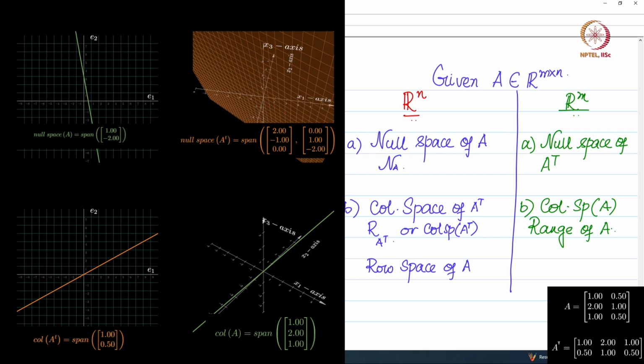So the four fundamental subspaces associated with any given matrix A are the following: the null space of A, which is a subspace of Rn, the column space of A transpose, which is again a subspace of Rn, the null space of A transpose, which is a subspace of Rm, and the column space of A, or the range of A, which is a subspace of Rm. So these are the four fundamental subspaces. Given a matrix, we have all these four subspaces associated with it, right.